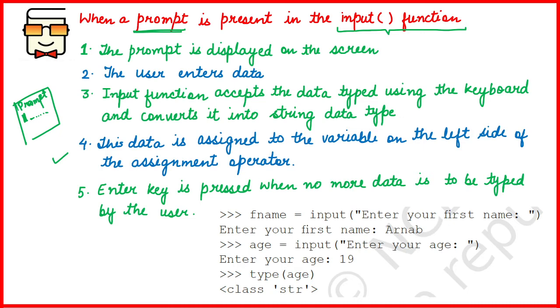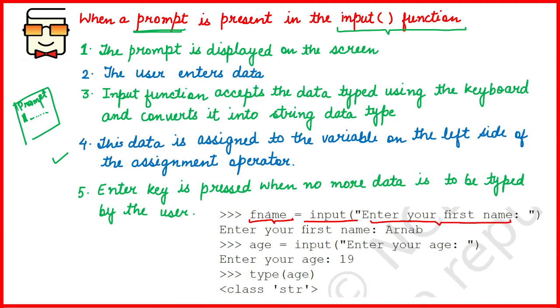Okay, so for example, in your NCERT book, there is a very short program that we can look into to enhance our understanding of the input function. So this is a particular statement in which this is a variable name, fname, this is the input function, and this is the prompt statement, enter your first name.